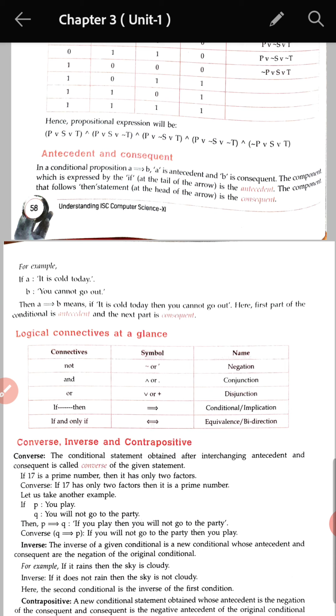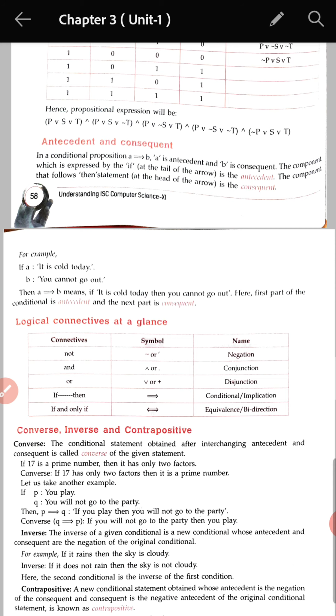Where it is cold today is the antecedent and you cannot go out is the consequent. Just remember two things: what is antecedent and what is consequent.